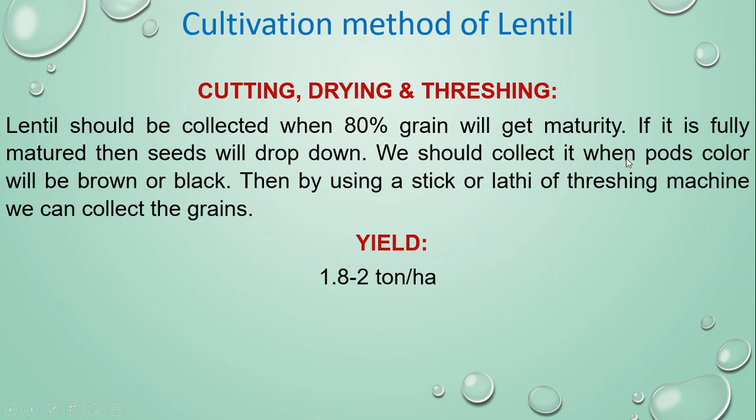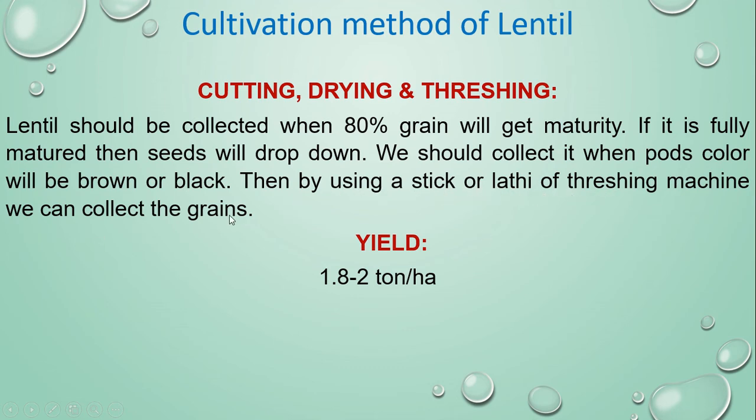We should collect it when the pod's color is brown or blackish. When I showed you the picture, at that time the pod color was greenish. This is the initial stage, but at the end of the maturity stage, the color of the pods will be blackish or brownish. Then they use a stick or lathi or a threshing machine.